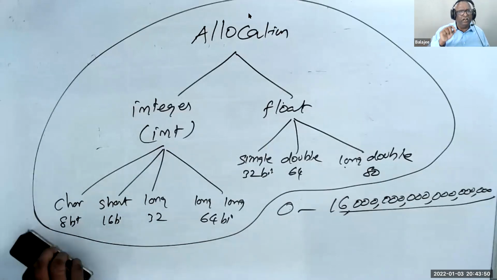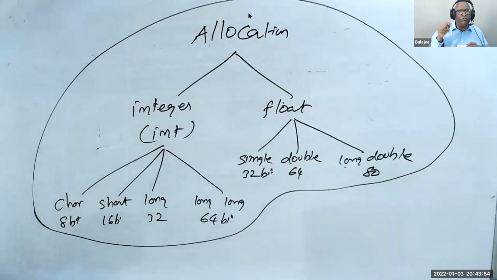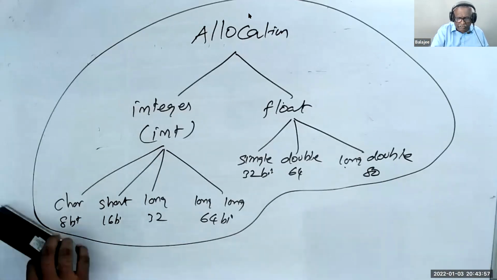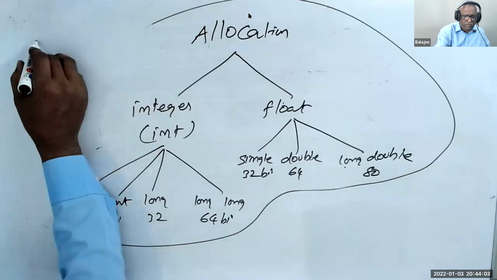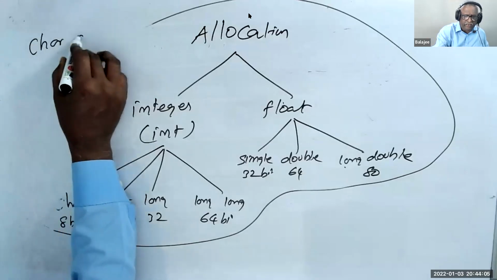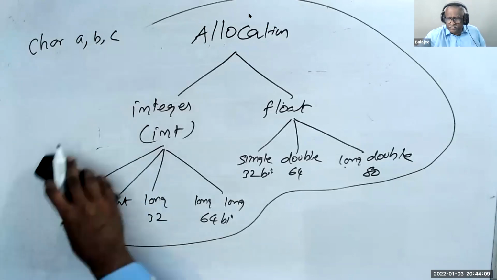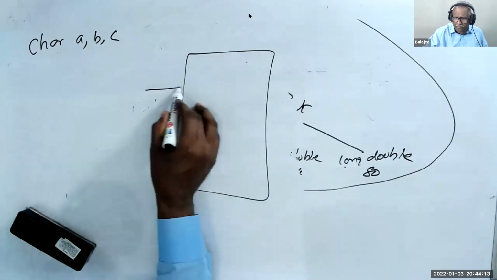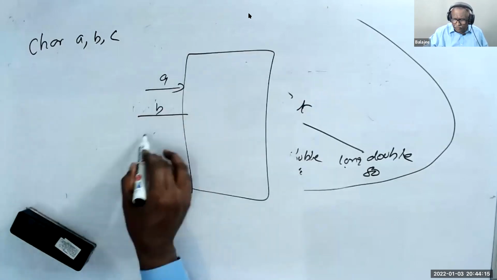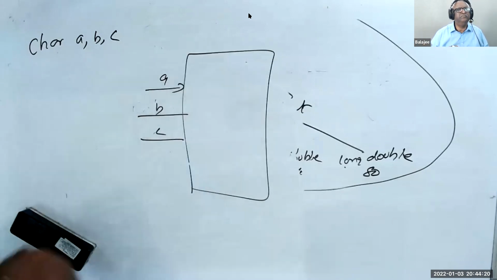If I say allocate, the beauty is you need to understand the very important feature of the computer. That is the trick. If I say char A, B, and C, then what the computer does is, in memory, it allocates a space for A, allocates for B, allocates for C. They never clash. It's all a different place.